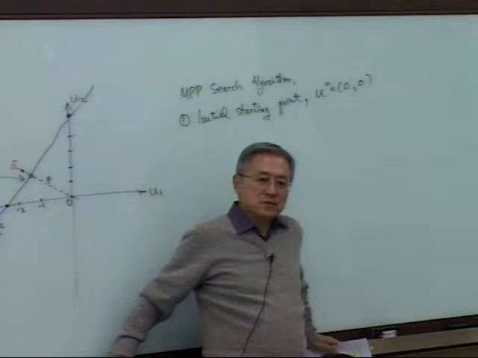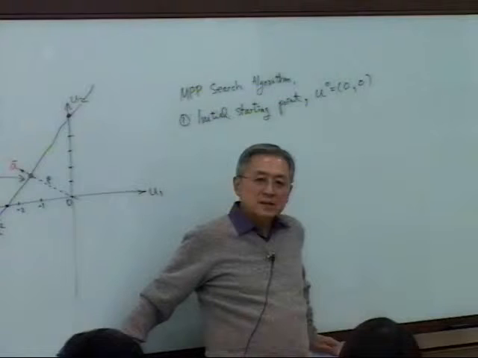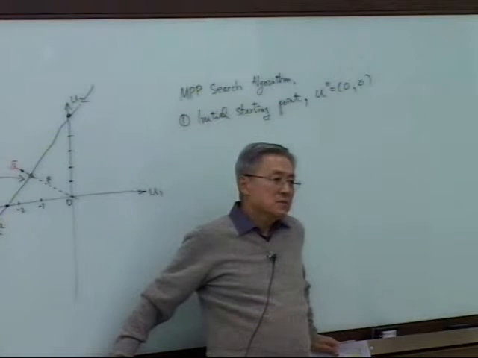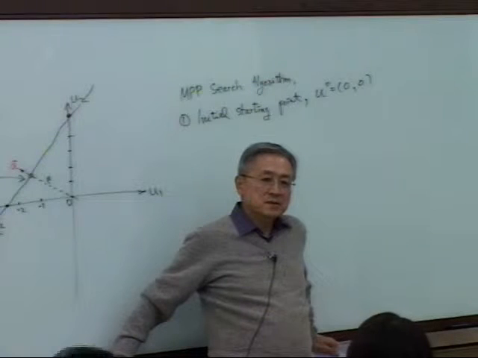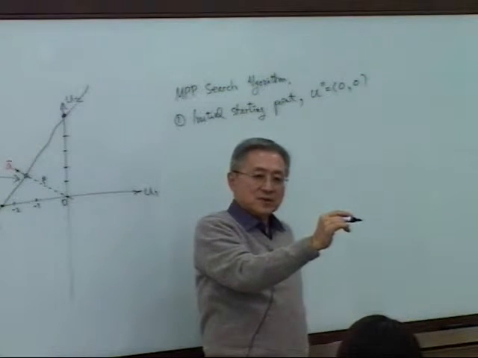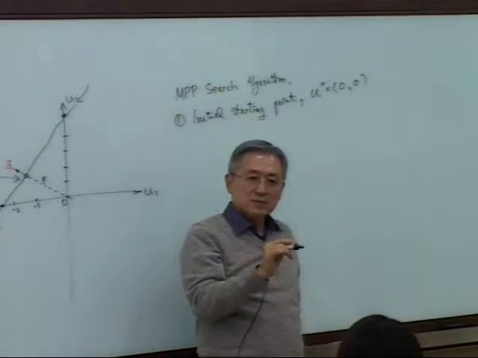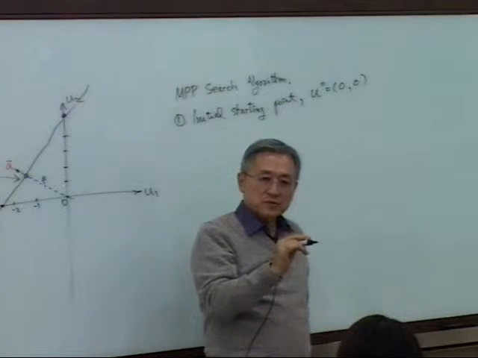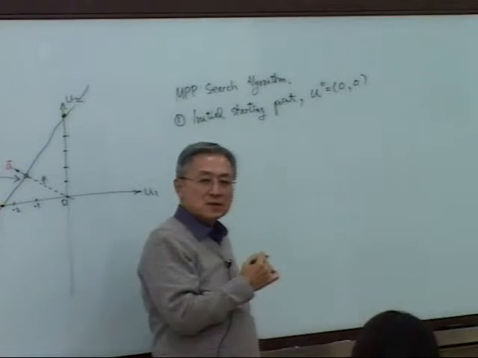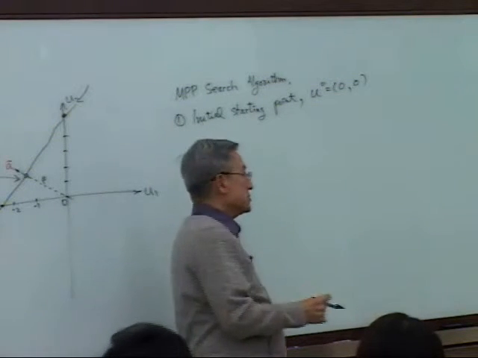reliability path search, because you're dealing with a beta or u star from the origin, rather than pick out some place and going down near the 0 point. Might be a good idea to start from the origin for the trial vector u. You may start any place you want, but this is the beginning.